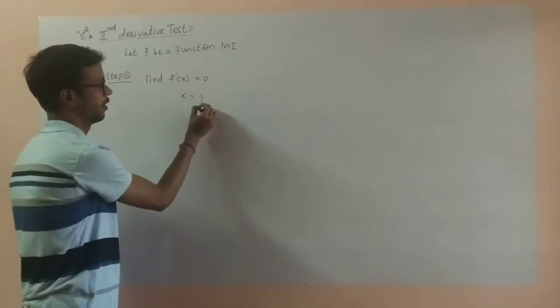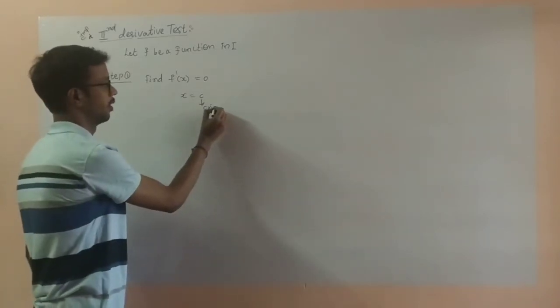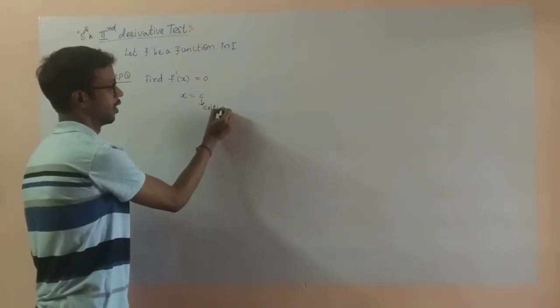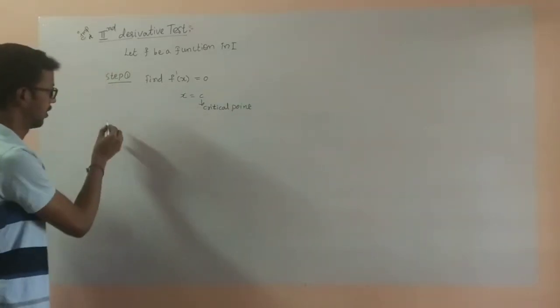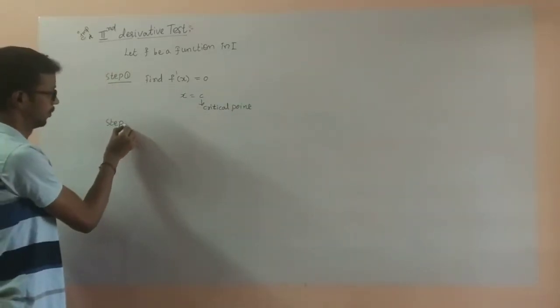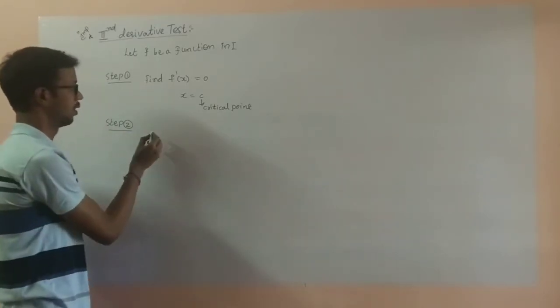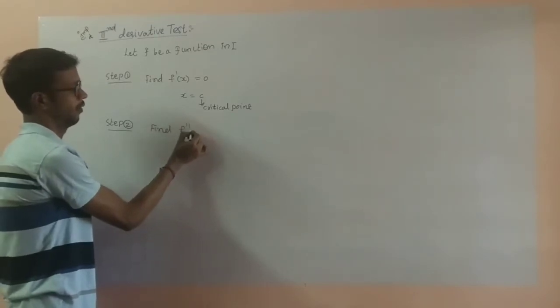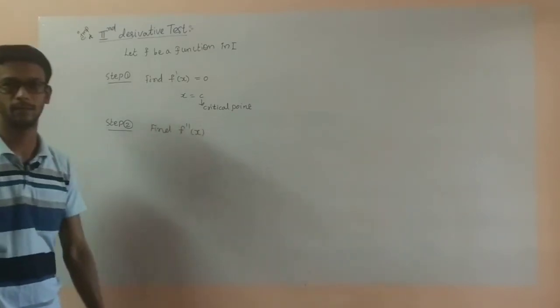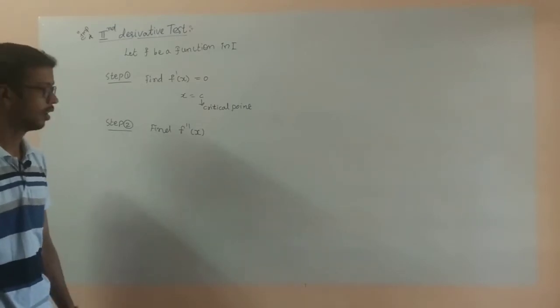I am taking one critical point, c only. Next, step 2. Find f double dash of x.